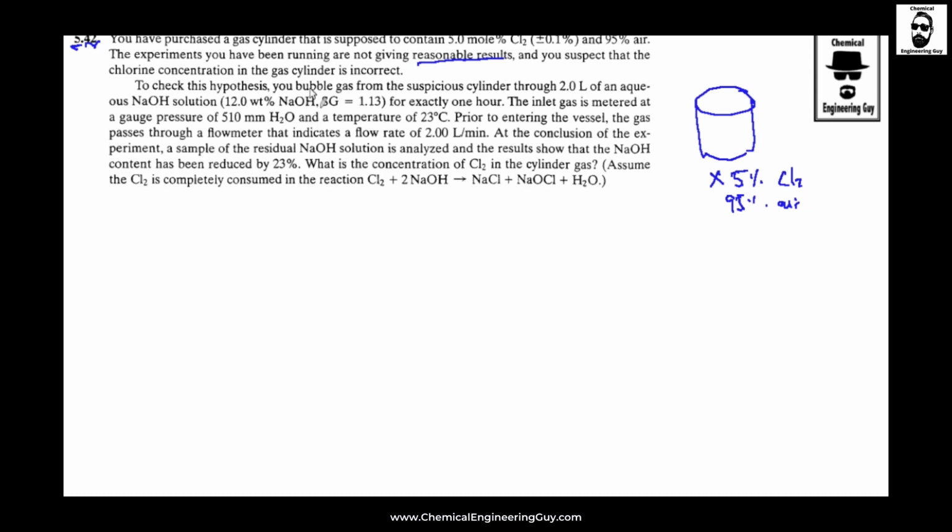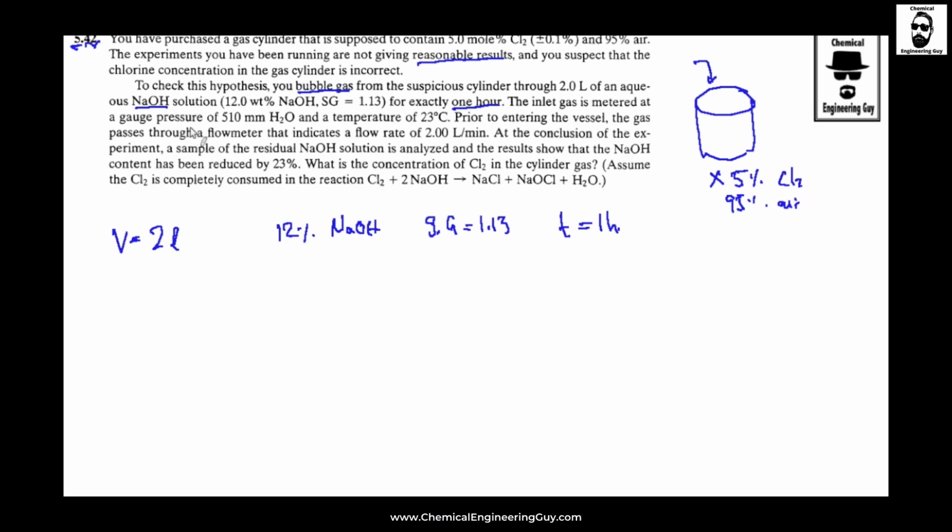To check this hypothesis, you bubble gas from the suspicious cylinder through 2 liters of an aqueous solution. It's 2 liters, that's the volume, of 12% by mass NaOH, with a specific gravity of 1.13, for 1 hour, so time equals 1 hour.